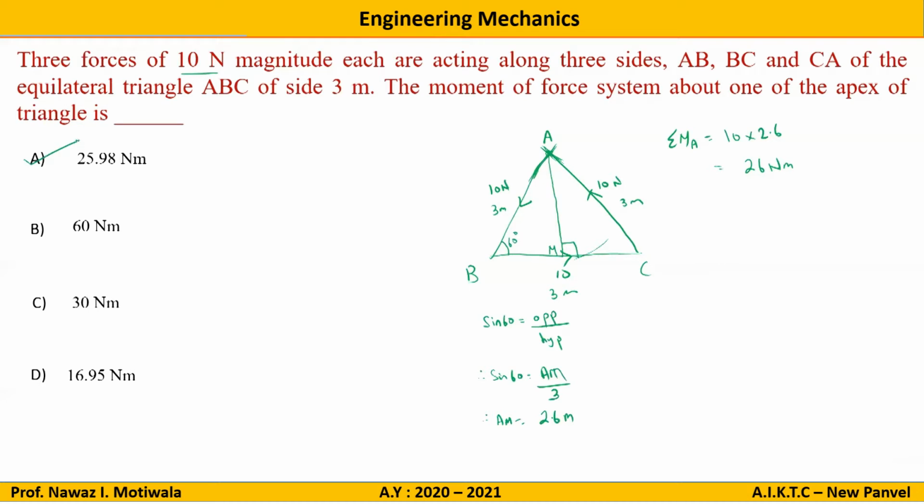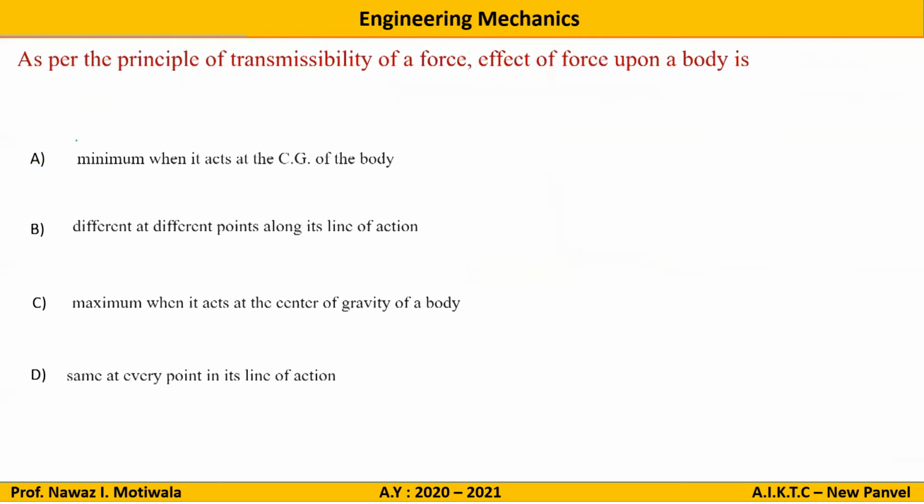So the answer will be 25.98, option A. Next question: as per the principle of transmissibility of force, the effect of force upon a body is minimum when it acts at CG, different at different points, maximum at center of gravity, or same at every point in the line of action. This is the correct answer. It is the definition of the principle of transmissibility that the effect remains the same along the line of action. So the answer will be option D.